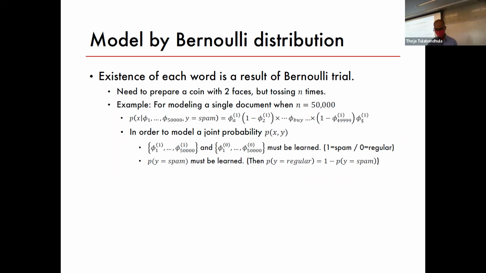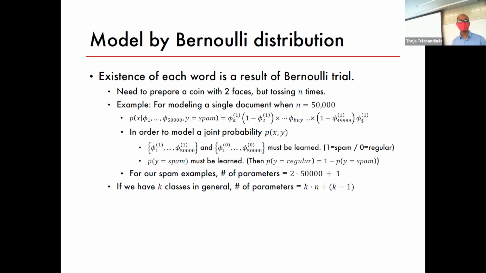Given this accounting, the number of parameters is 2 times 50,000 plus 1. The plus 1 is for the second bullet point, and 2 times 50,000 is for these phi values. You can actually also do 2 times 50,000 minus 1, because if I tell you all these phi's, the last one is not needed since they have to sum up to 1.